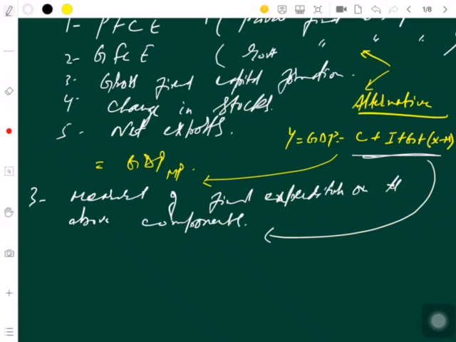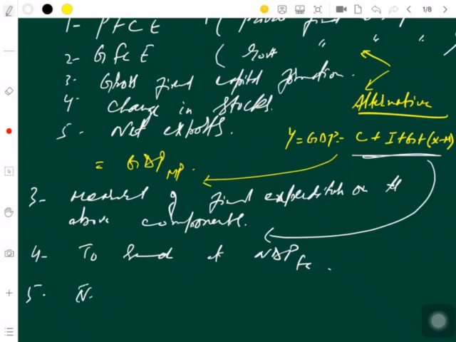By deducting depreciation and NIT from GDP at MP, we will get NDP at FC. This is also one of the steps that has to be taken. You can add it as the fourth step: by deducting depreciation, you get NDP at FC. And finally, estimation of net factor income from abroad.